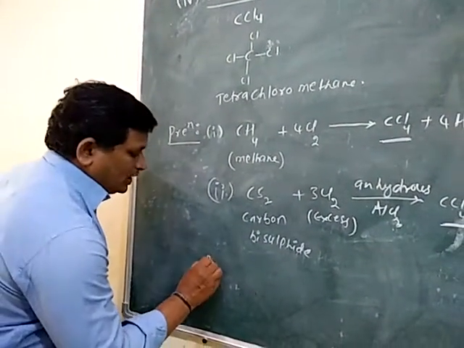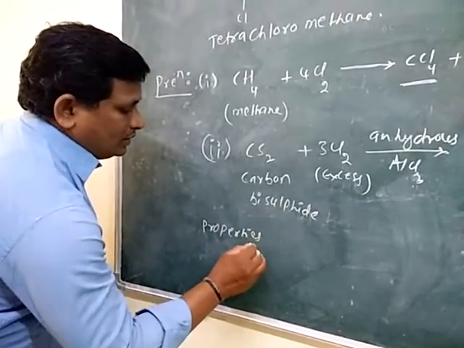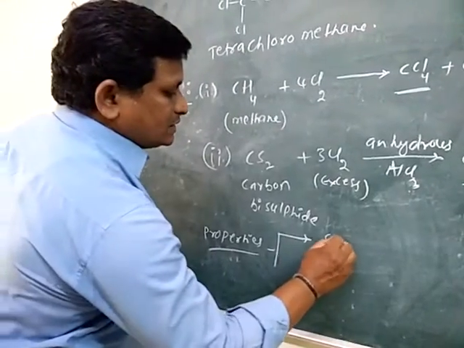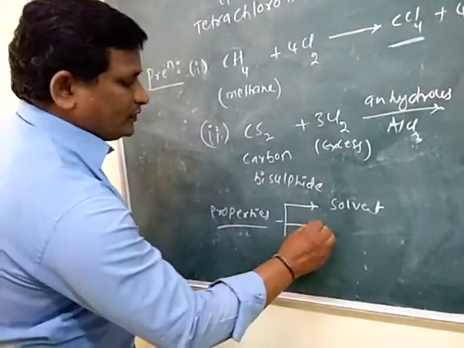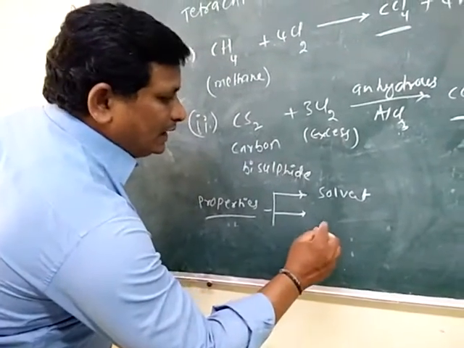Now the properties of carbon tetrachloride. Generally it is used as a solvent. Carbon tetrachloride is a highly volatile liquid compound.